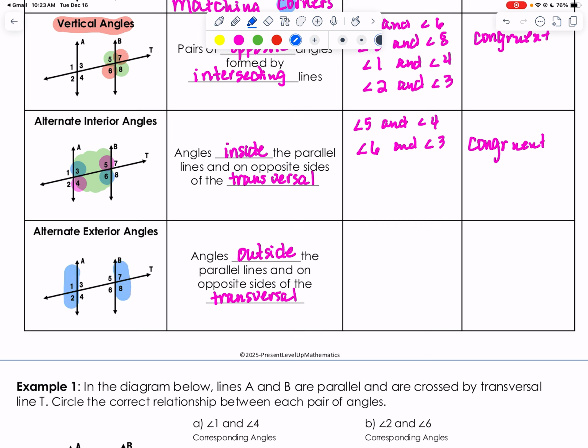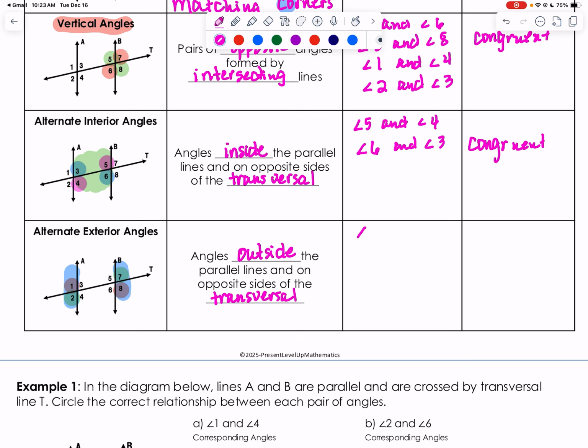That's what it means by exterior, on the outside of the parallel lines. And you have to be on opposite sides of the transversal. So for example, if I had angle 7, the alternate exterior angle with angle 7 would be angle 2. They're on opposite sides of the transversal. Or angle 8 and angle 1.